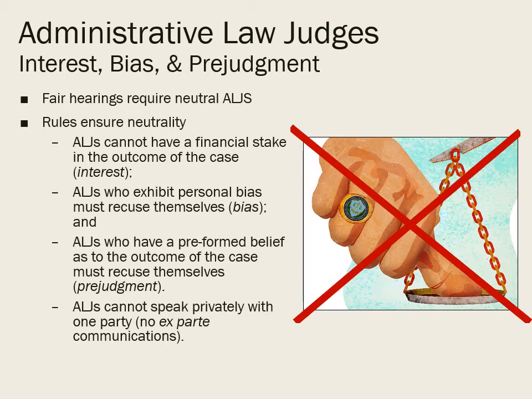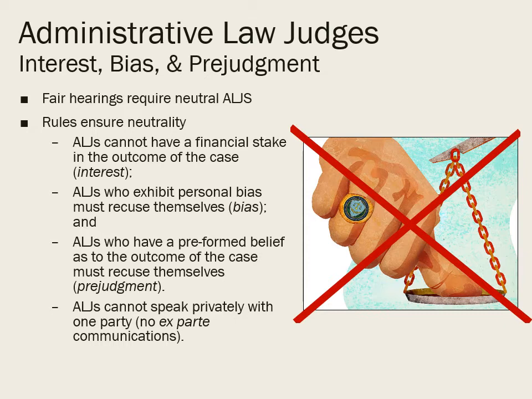Fair hearings require neutral ALJs. So again, you can't have an ALJ who is so beholden to their agency that they don't allow the other party to get a fair shake during the hearing. So to ensure neutrality, ALJs can't have any type of financial stake in the outcome of a case.